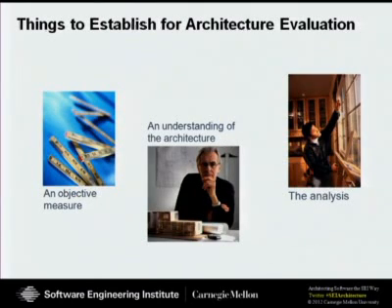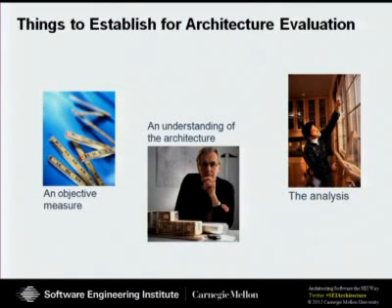So now from the architecture evaluation, that brings us to that we need to have an understanding about three topics. You can only say if something is good or bad if you can actually measure it. That means it requires a yardstick. If you don't have the yardstick, you cannot say anything about an architecture. So we need to establish the yardstick, which is not that simple of a task.